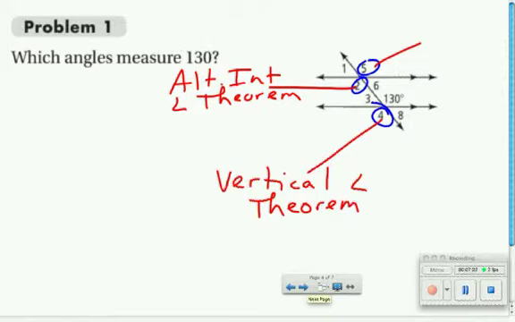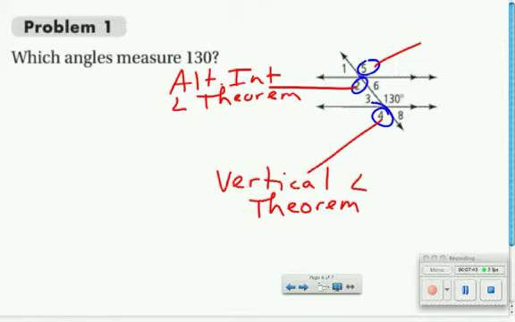Finally, if I was just looking at angle 5 and the 130 degree angle given, why am I allowed to conclude that angle 5 is also 130 degrees? Someone else, please. Why am I allowed to conclude that angle 5 is 130, comparing it just to the 130 that was given to us? Kate?